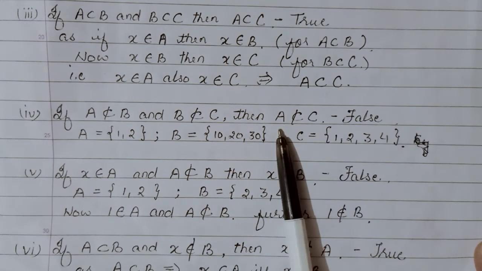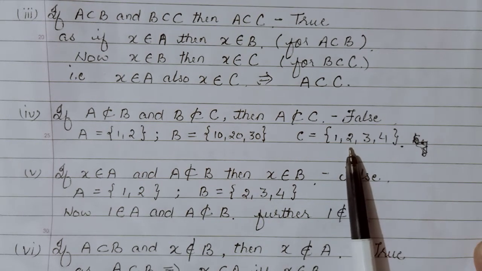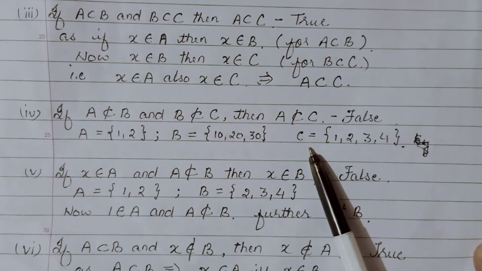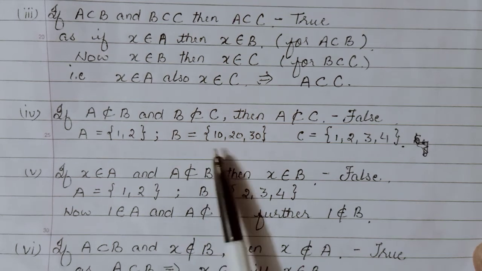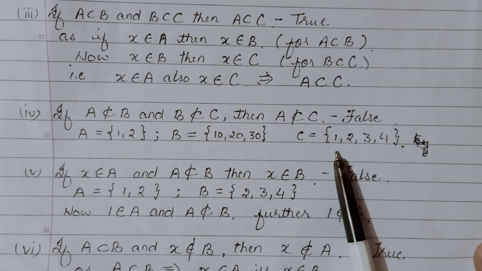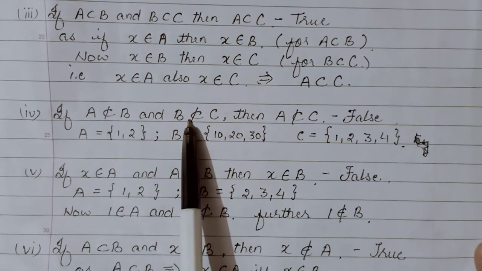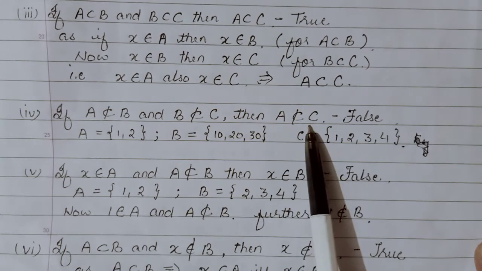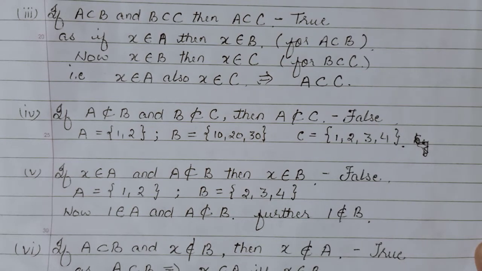Now if you see set A which had entries 1, 2, this 1, 2 is also seen in C. So A is clearly a subset of C, while A was not a subset of B and B was not a subset of C. Still A has come as a subset of C. Right? So we've shown this example, which says that with these two conditions being true, the third one is not satisfied. A is rather coming as a subset of C, so this statement is supposed to be false.